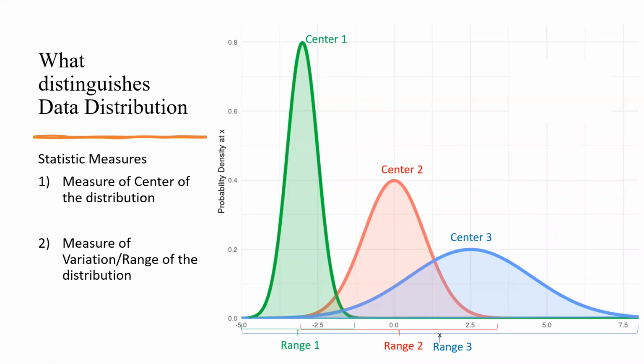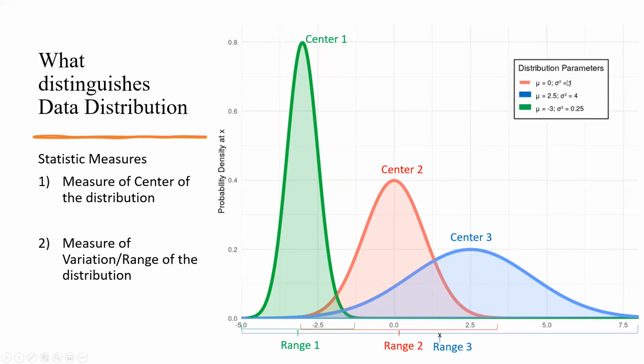We'll go into a little more detail on each of these, but for the time being, let's call the measure of the center mu, and the measure of the variation or range sigma square. As you can see, for the red one, mu is equal to 0, which is basically the center is at 0, and sigma square is 1.